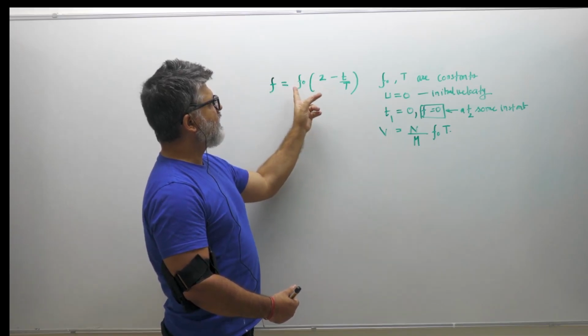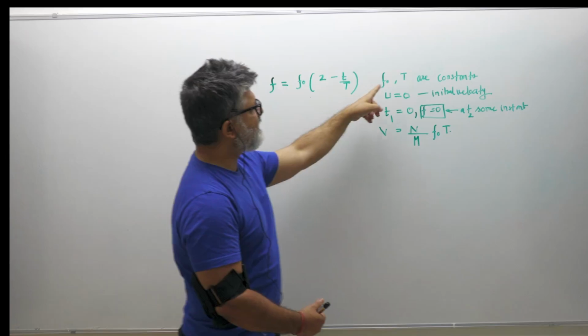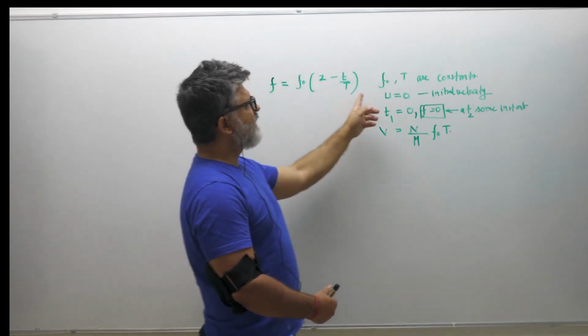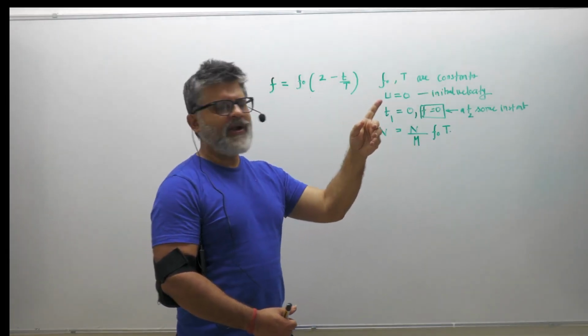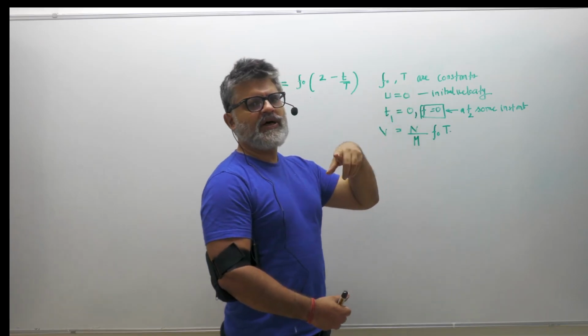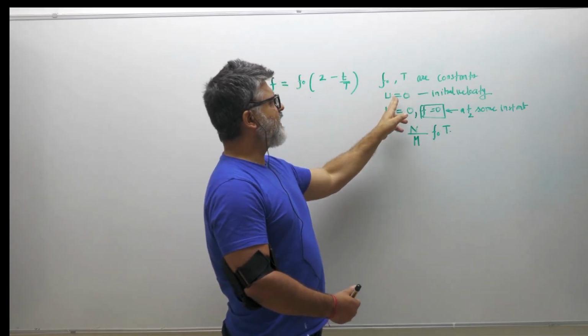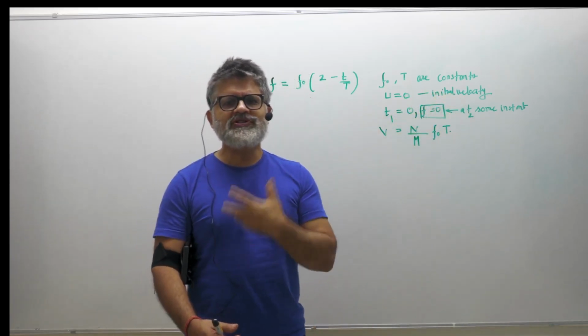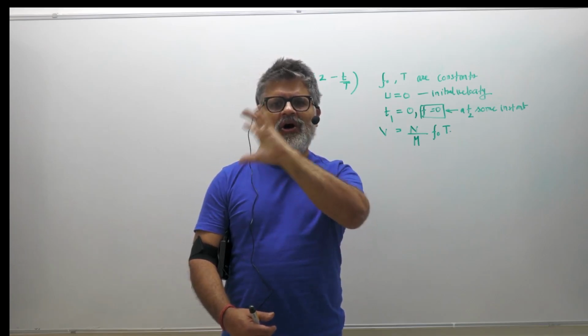What is F naught and capital T? These are some constants. It is also known that during the motion, at one point, the initial velocity is zero. So we have to use some known point on the complete motion.